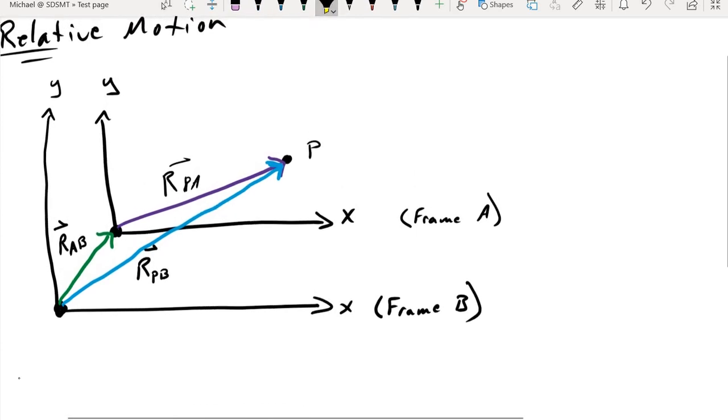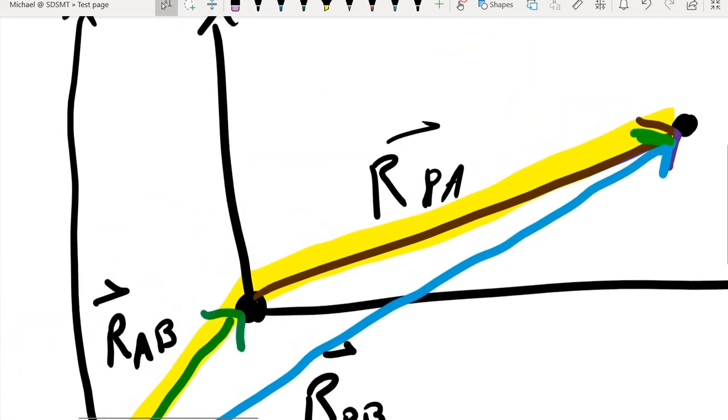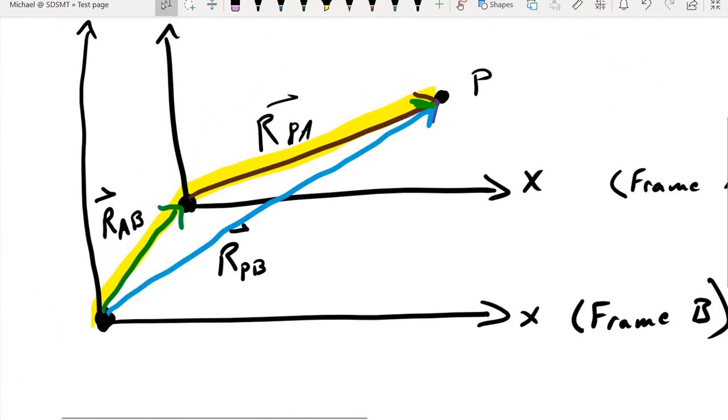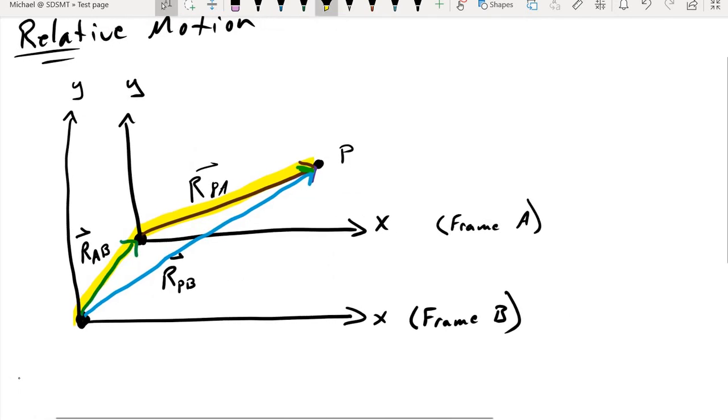Now what we have is essentially a vector addition problem. If I start at the origin of frame B and I travel up the vector RAB, that gets me to the origin of frame A, and then I can follow the vector RPA out to point P. So by adding those two vectors together, and you'll notice we've added those head to tail, that's a vector addition problem, and we know how to handle vector addition.